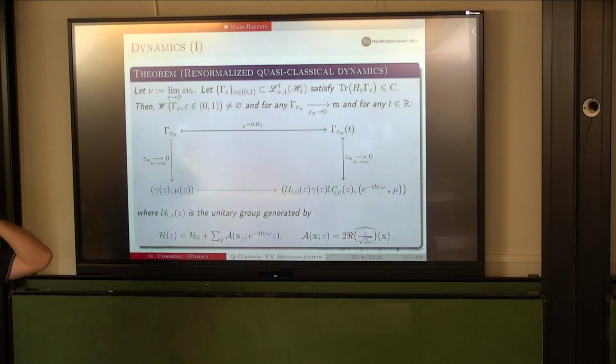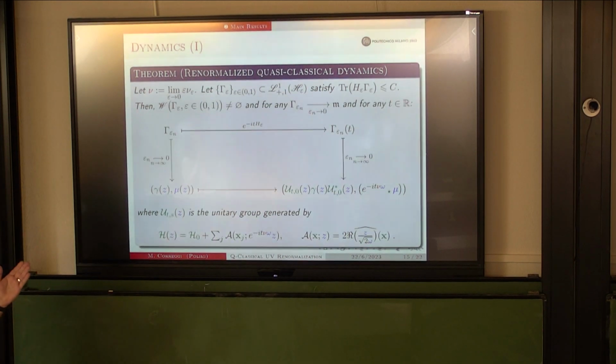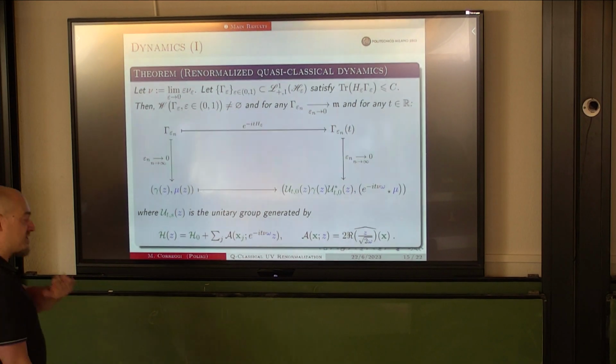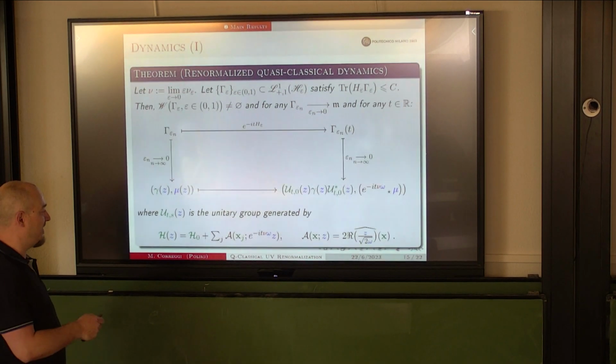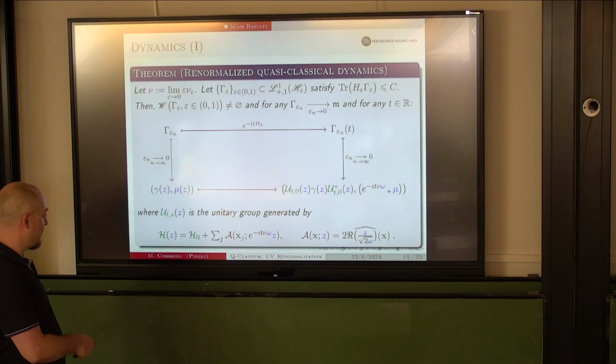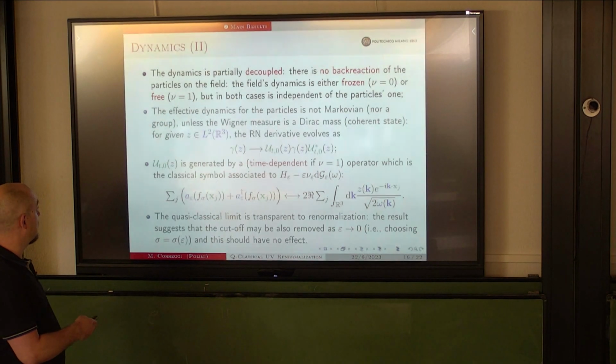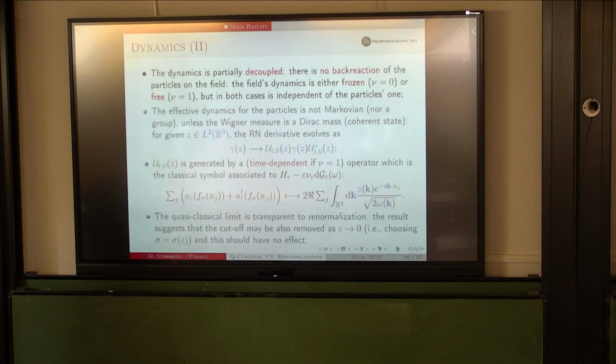So the group property is not satisfied by this kind of evolution, in general. For the case of coherent states, it is, because for coherent states everything is quite special. I will perhaps come back to it later.